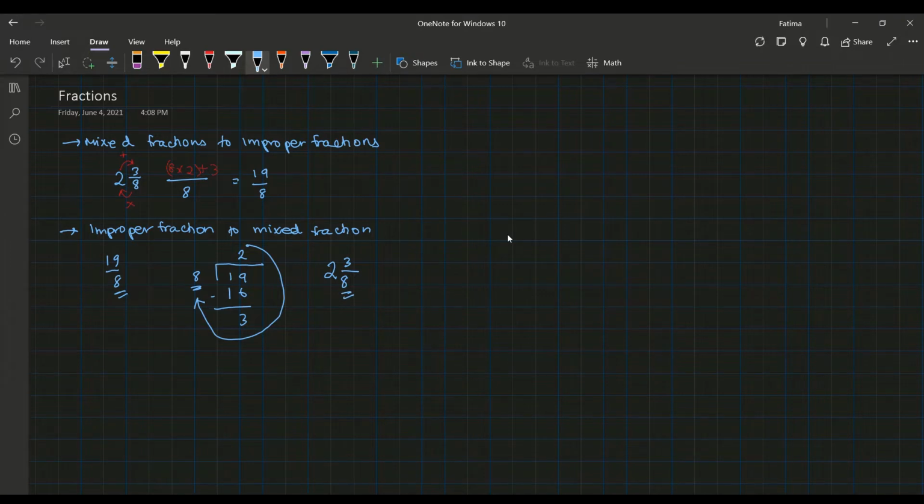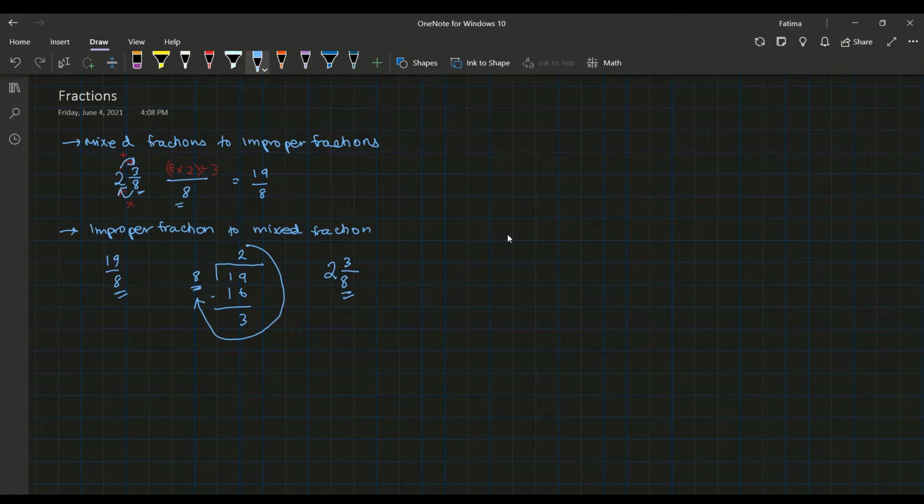So just a quick recap, for mixed fractions to improper fractions, you have to multiply denominator with the whole number, then you have to add that answer with your numerator to give you the numerator of your improper fraction, and the denominator will be the same. So it will be 8 in this case. Then from improper fractions to mixed fractions, you have to use long division.